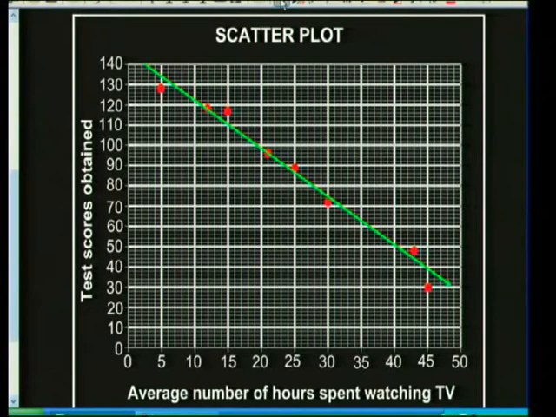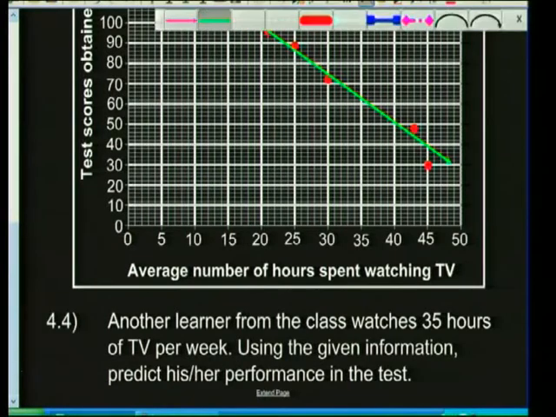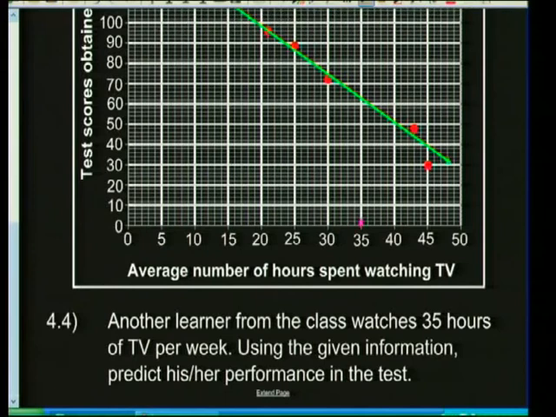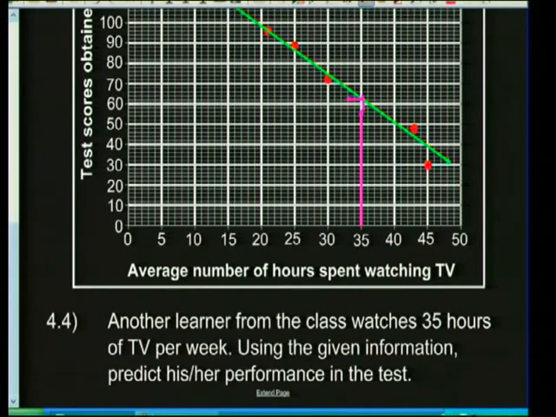Right, now they've said to us that he watches 35 hours of TV. So we're going to go on our horizontal axis. That represents the number of hours watching TV. And we're going to go to 35. So 35 hours watching TV. And we're going to draw a line up to where it meets your line of best fit. And from that point, we are then going to go across.